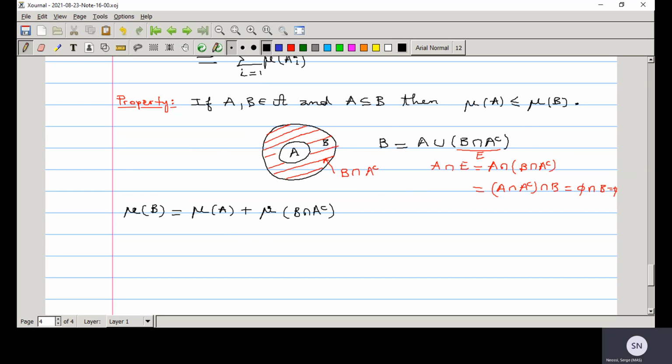And we know that the measure is positive, or 0.